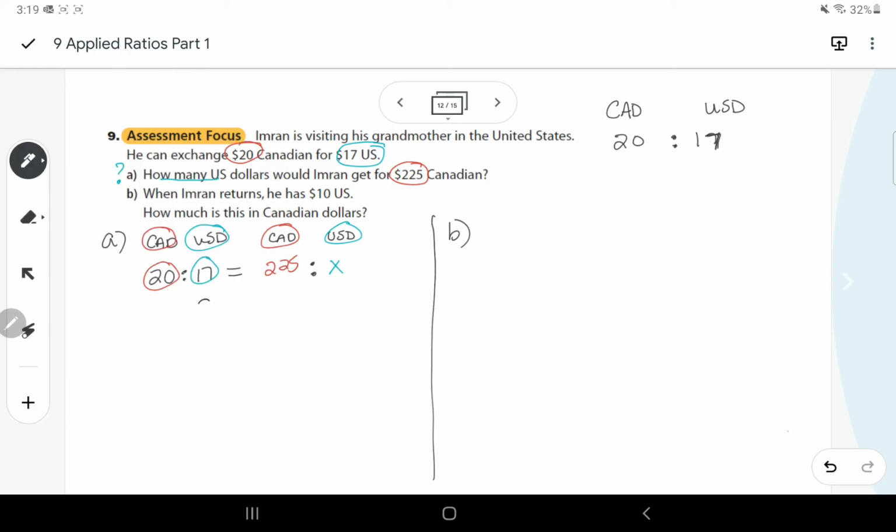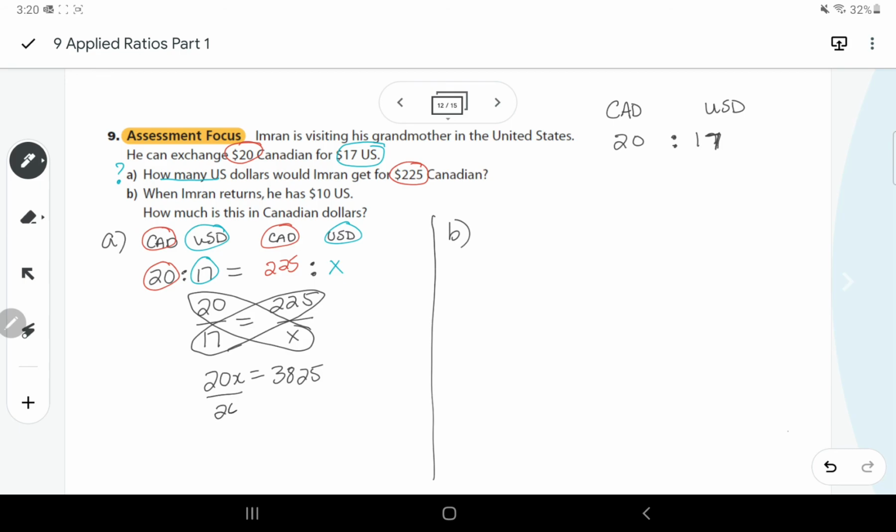So here, if we make them into fractions, 20 over 17 equals 225 over X. Then we're going to do our cross multiplying. Multiplying the one with the X first, so I get 20X. And then I multiply the other diagonal. 225 times 17 is 3,825.